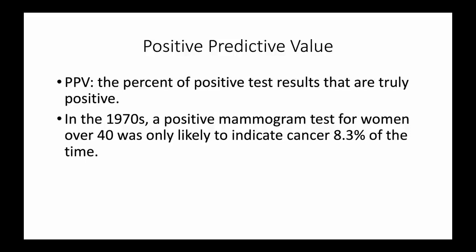Yes, she's going to worry, and we're going to take action and resolve it and hope that she's in the 92% that don't have cancer. But lives were saved. The investment of doing this mammogram and worrying a lot of people actually saved lives. We'll see when we get to COVID that that's true as well.